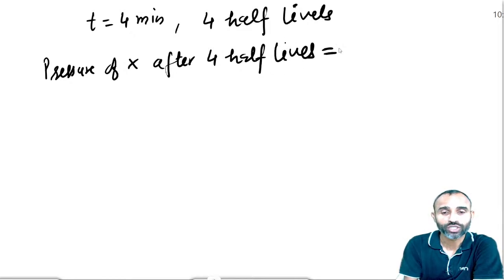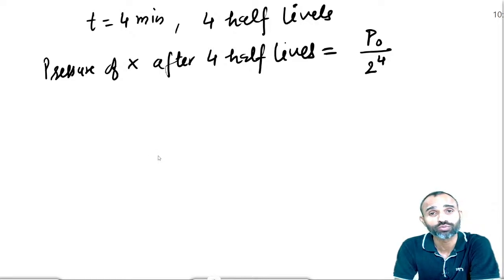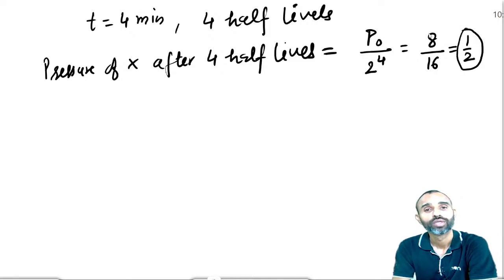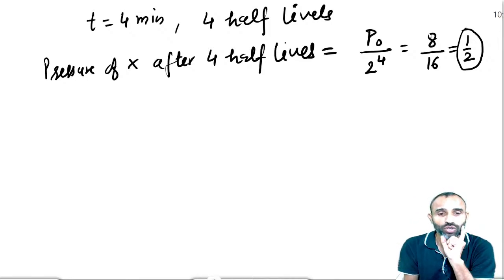So pressure of x after 4 half lives is P naught by 2 raised to power n, n half lives, 2 raised to power 4. P naught was 8 divided by 16. That means it comes out to be 1 by 2. After 4 half lives, pressure of x is 1 by 2.